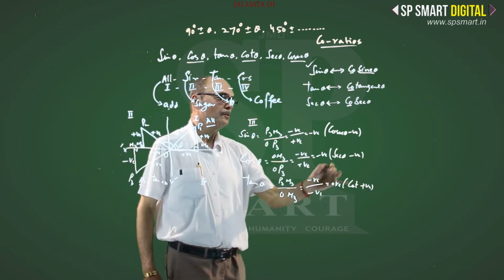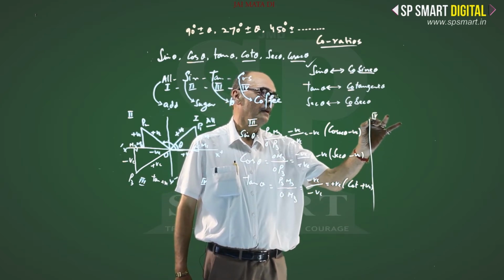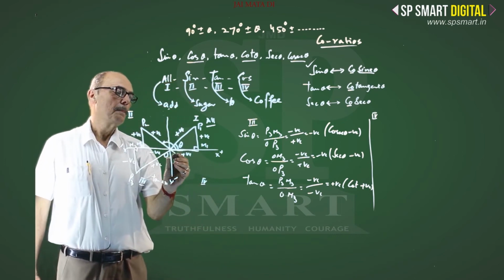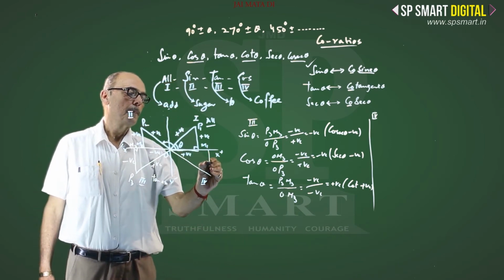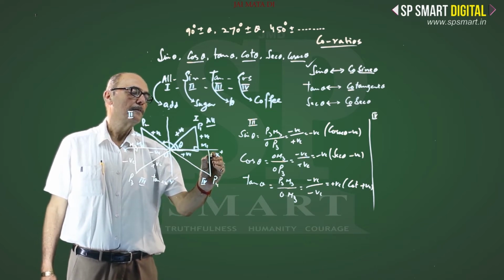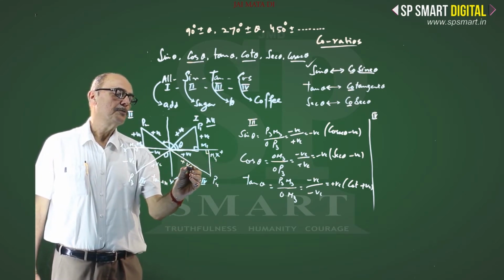We finally come to the fourth quadrant. In fourth quadrant, we have a figure like this. OP4, this is M4 here, it's a right angle. This revolving line is always to be taken positive.